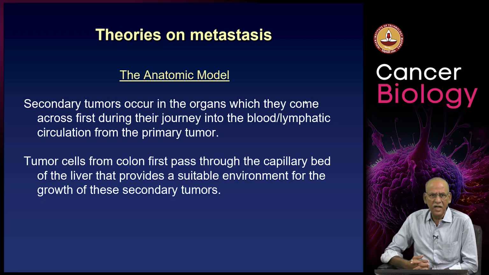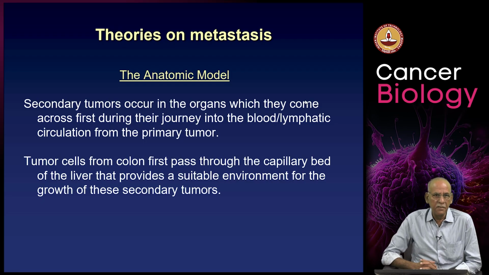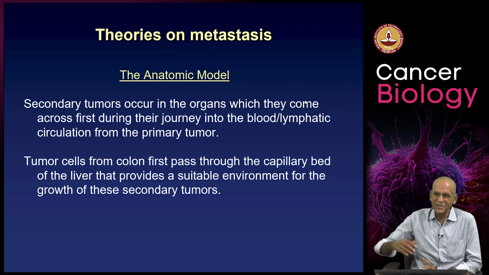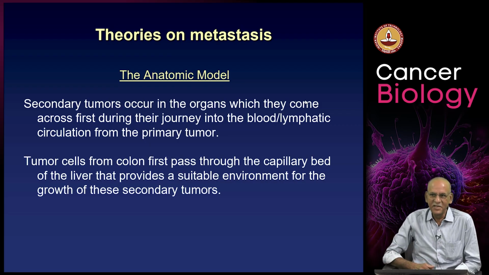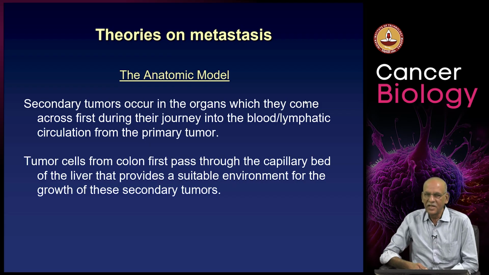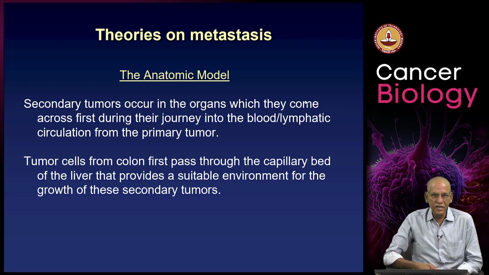Secondary tumors occur in the organs which they come across first, that is, the neighbor. See, when you want to fight, you fight with the neighbor first, right? Then only the distant people you can, first you have to invade the surroundings, then only you go to other places. So, that is one idea.